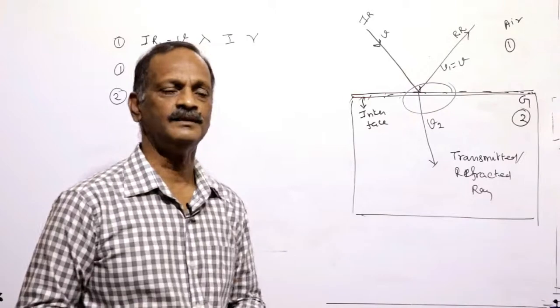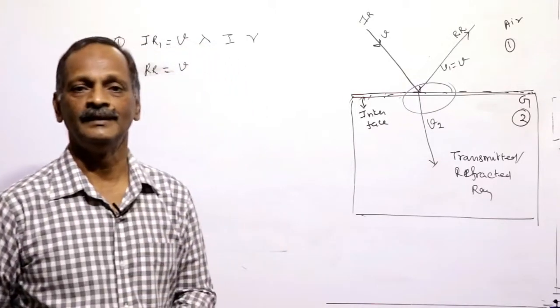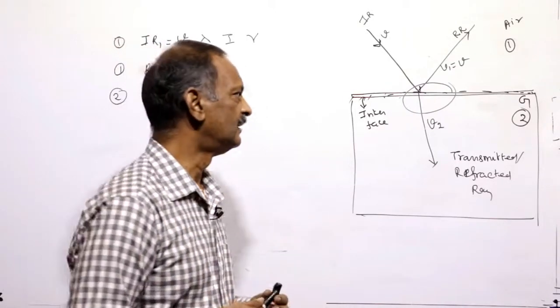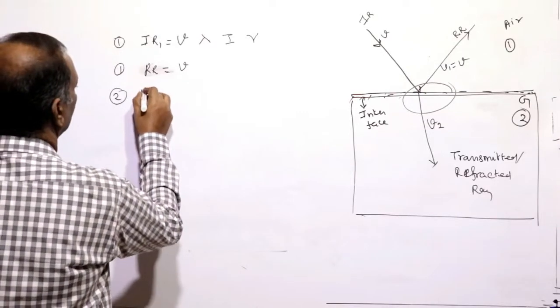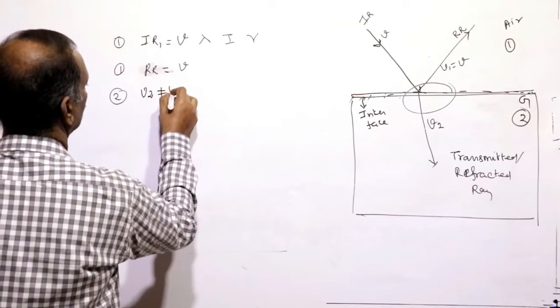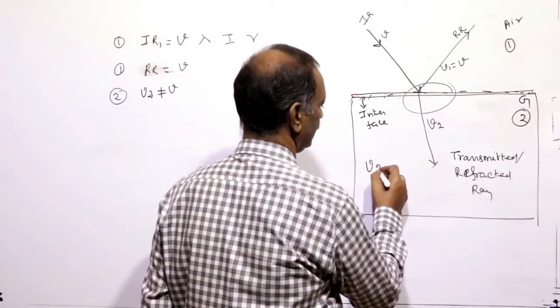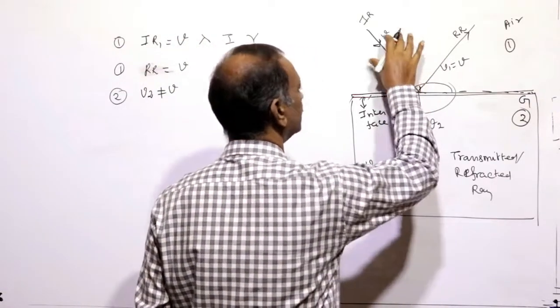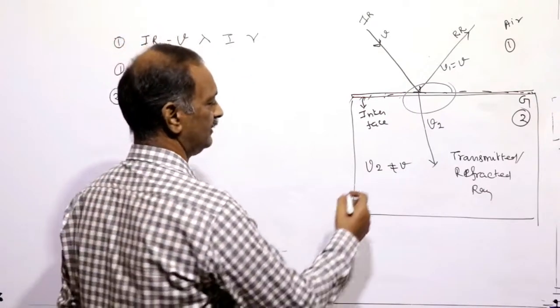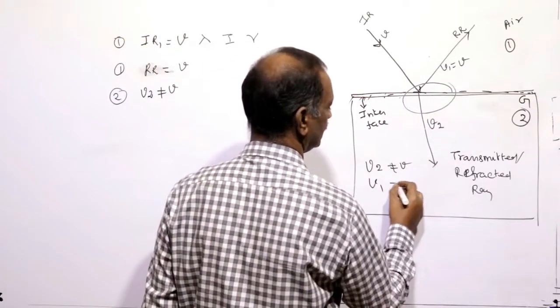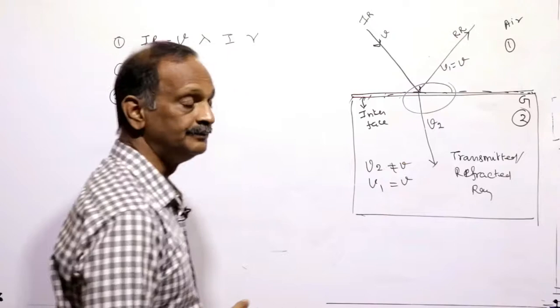We will see this elaborately in refraction. Here V2 is not equal to the velocity of the incident light, but V1 is equal to the velocity of the incident light.